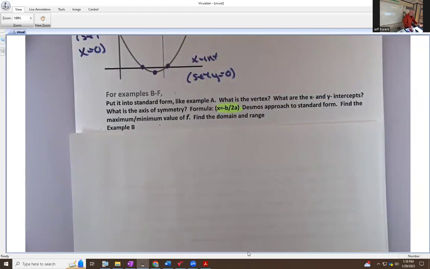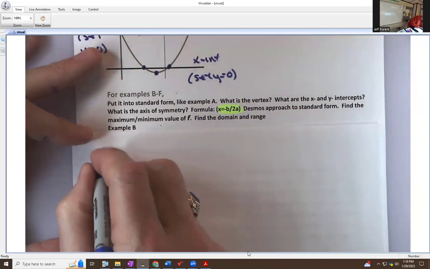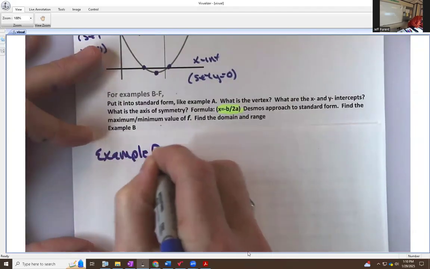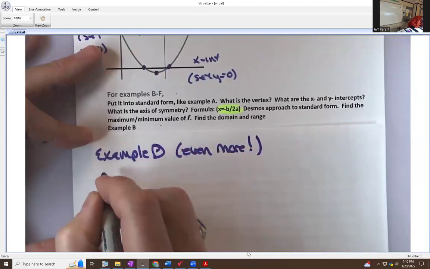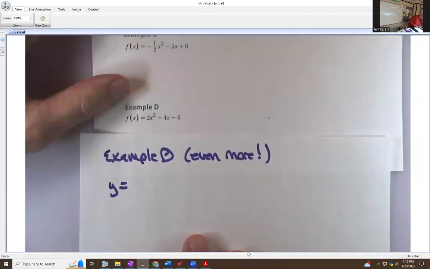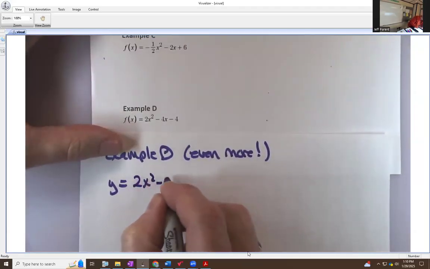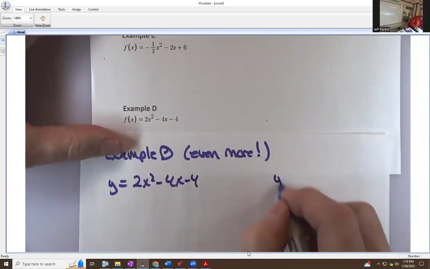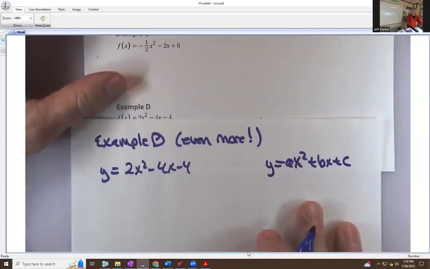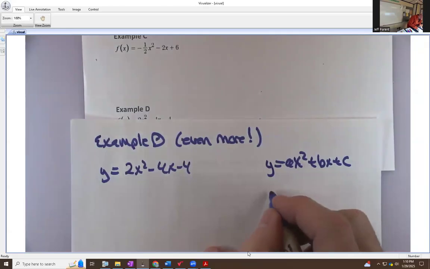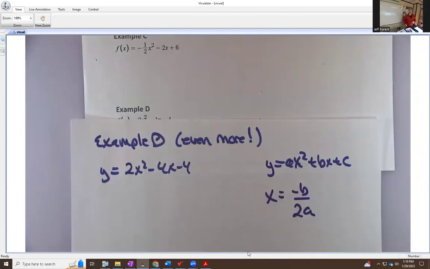So let's look back at example B. We had y equals 2x squared minus 4x minus 4. If you want the x coordinate of your vertex, you can get it through this formula. Negative b over 2a is the x coordinate of a vertex.